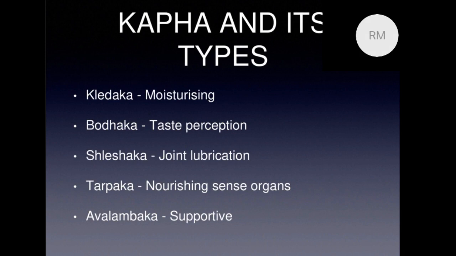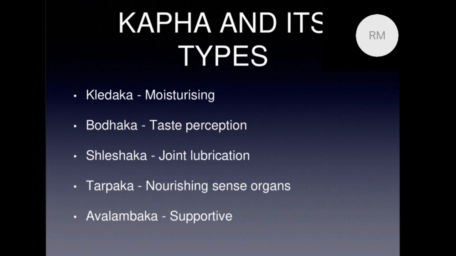So you don't have to worry about these Sanskrit terms. They may not be very easy to pronounce. But Kledaka is the kapha which predominantly helps in moisturizing various structures and components of the human body. This is called the Kledaka kapha. And then we have the Bodhaka kapha, which helps in taste perception.